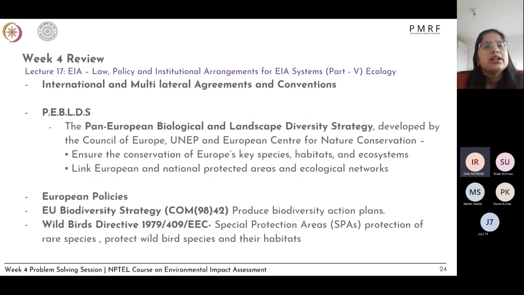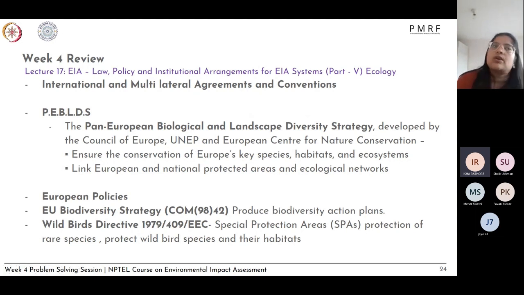And another international agreement is the Pan-European Biological and Landscape Diversity Strategy, which is also abbreviated as PEBLDS. And this was developed by the Council of Europe, the United Nations Environment Programme, and the European Centre for Nature Conservation.